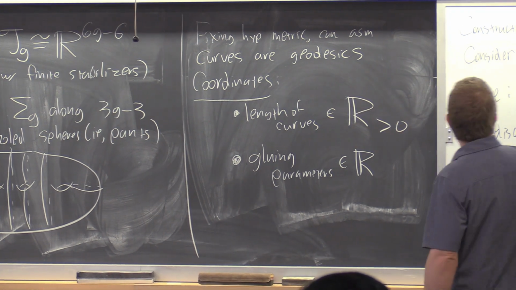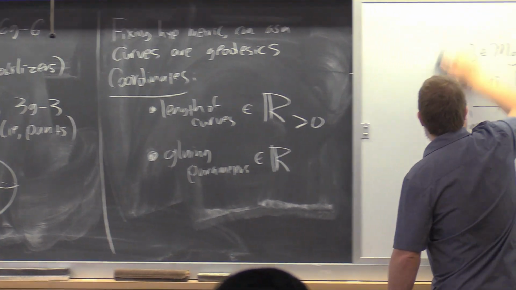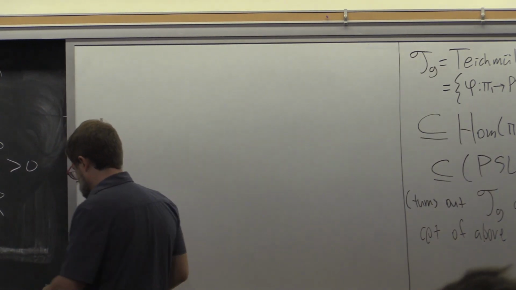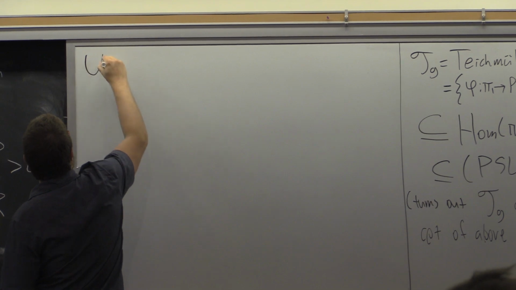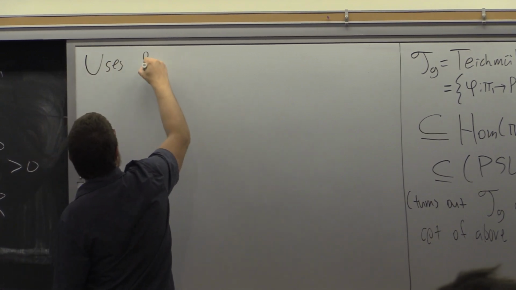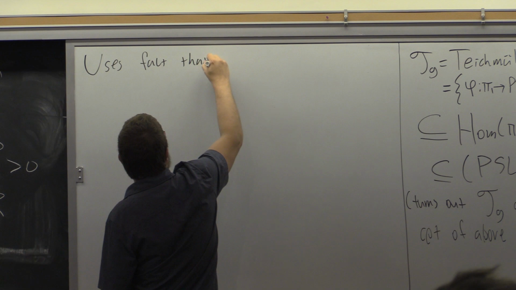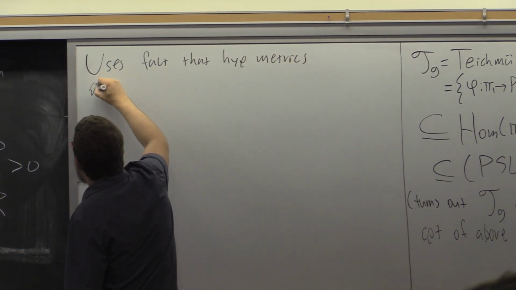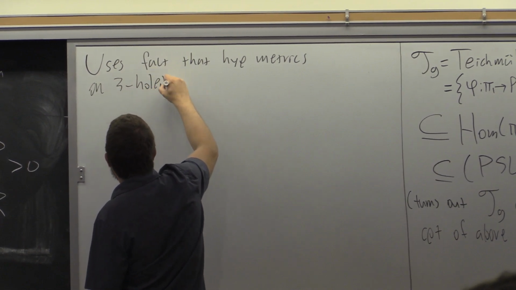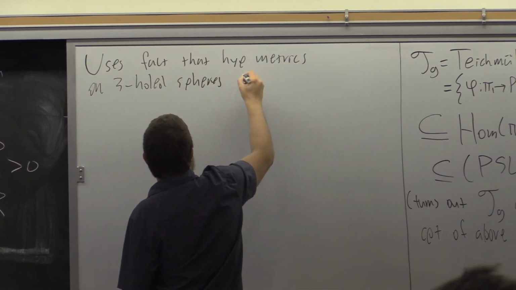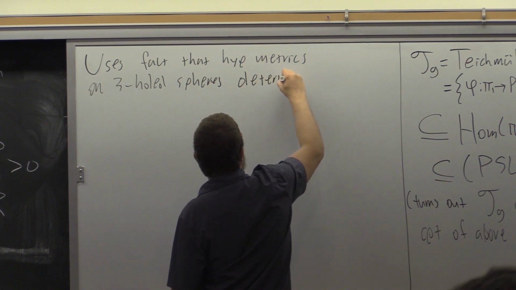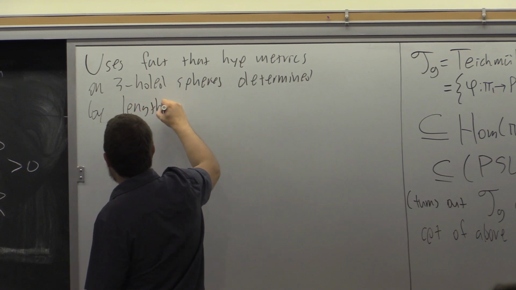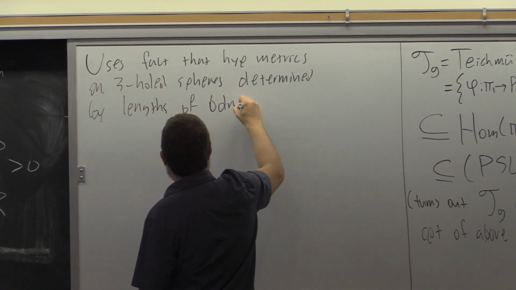Okay, what would that tell me? Well, this uses the fact that hyperbolic metrics on 3-holed spheres are determined by the lengths of the boundary components.